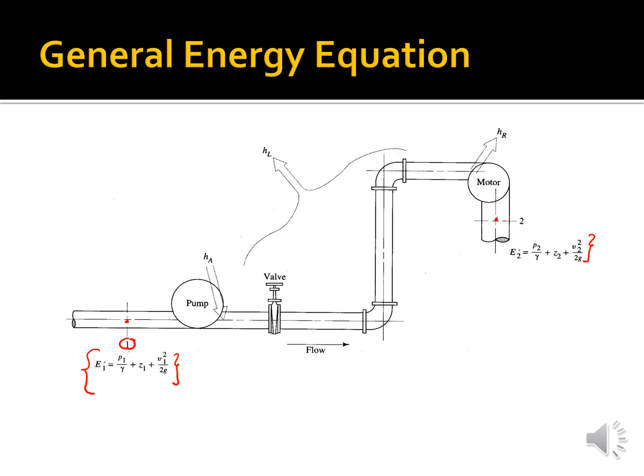So let's take a look. The first one is the pump. We know that a pump may lead to the addition of energy inside the fluid. It also goes through a valve and connecting devices or fittings here, 1, 2, 3, which lead to the losses of energy.